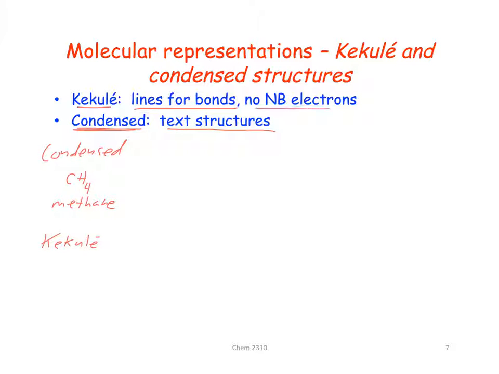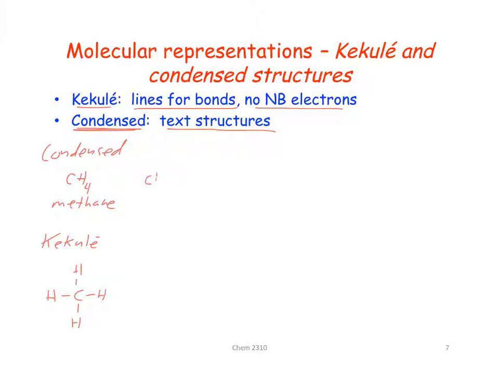So we have lines for bonds, and we don't draw in any of the non-bonding electrons. Okay, sometimes we can kind of have hybrids of these, all right? But if we have methane, we just have a carbon with 4 bonds to hydrogen. All right, so this is a Kekule structure.